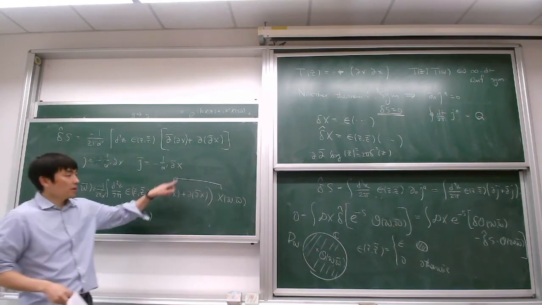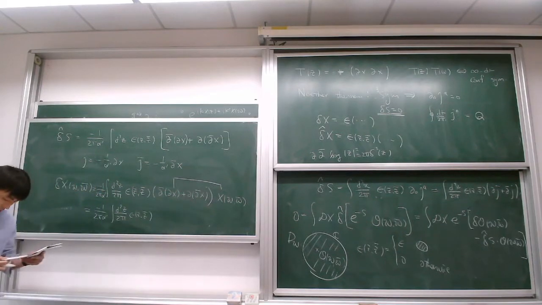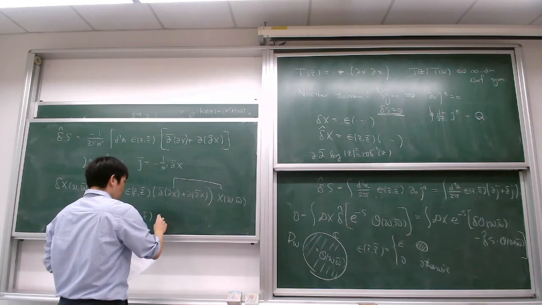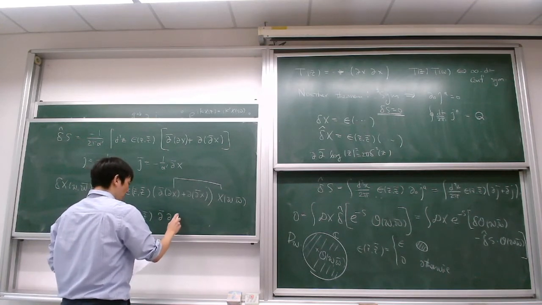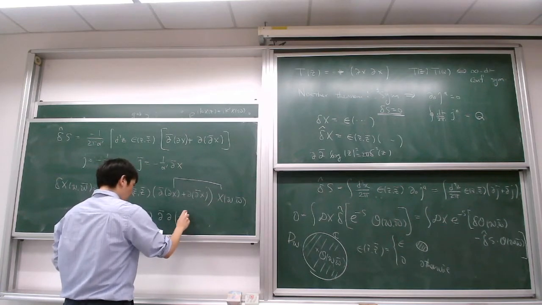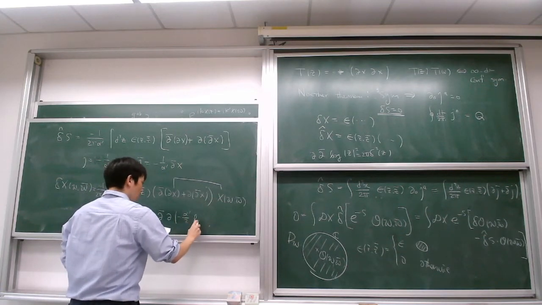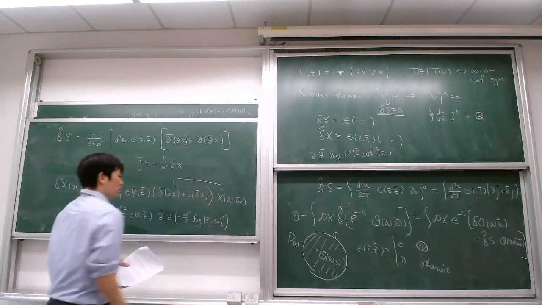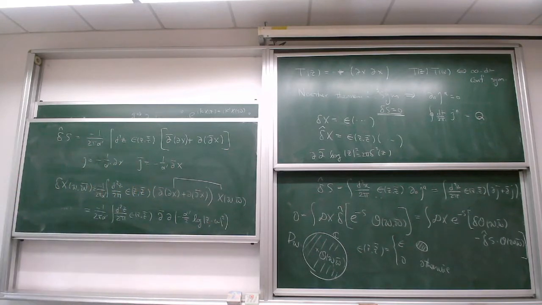So if you take OPE between them, what you will get is minus partial bar, partial acts on the minus alpha prime t log |z minus w| squared. Do you agree with that?